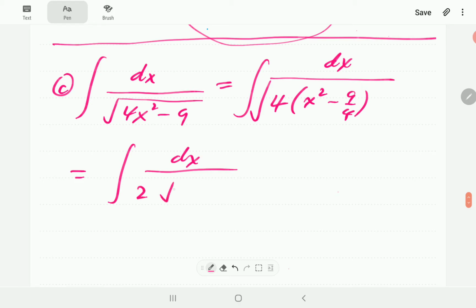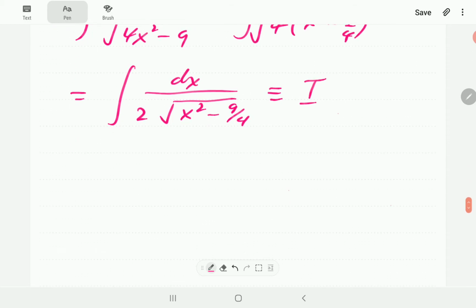Square root of 4 is 2. So this is simply going to be x squared minus 9 over 4. Now this is in a form corresponding to the standard forms of the expressions we are using.